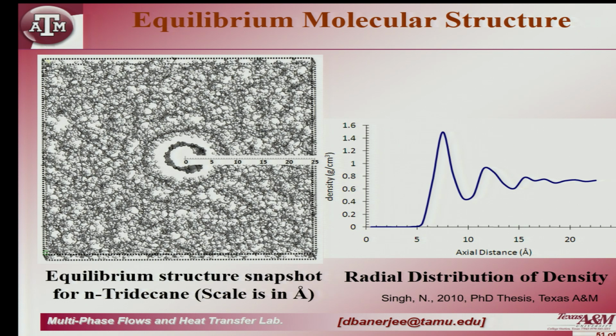Why is that gap? Can somebody tell me? Right. It is the equilibrium spacing in the Lennard-Jones potential, remember that? That equilibrium spacing is of the order of about 5 angstrom. From 0 to 5 angstrom there is nothing.